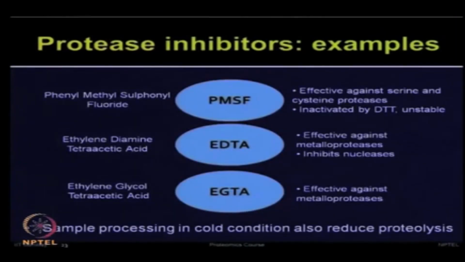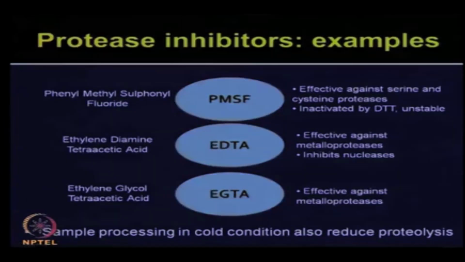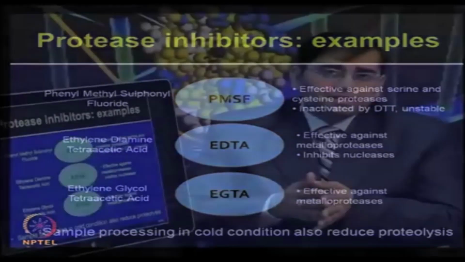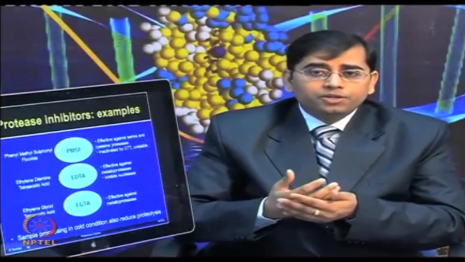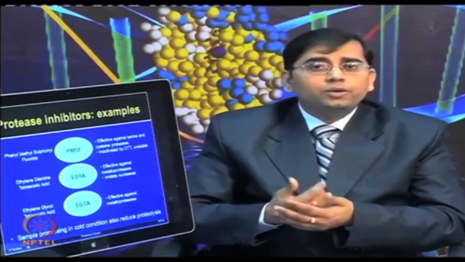EDTA, ethylenediaminetetraacetic acid, is effective specifically against metalloproteases. It inhibits nucleases as well. So, EDTA can serve both purposes of protecting from proteolysis and partially inhibiting nuclease activity.